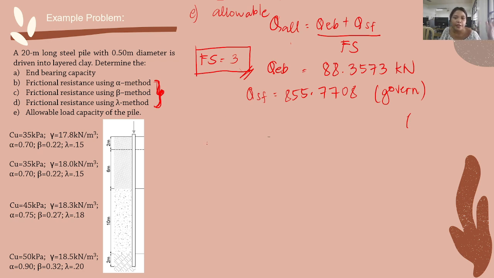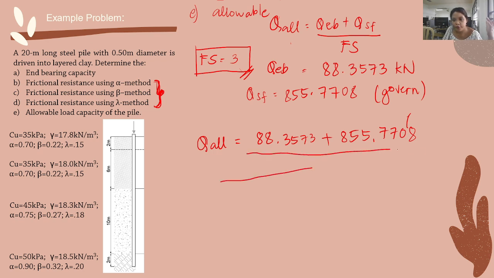Okay, so to get the allowable now is equal to 88.3573 plus QSF 855.7708, dividing both sides by factor of safety 3. That's right.